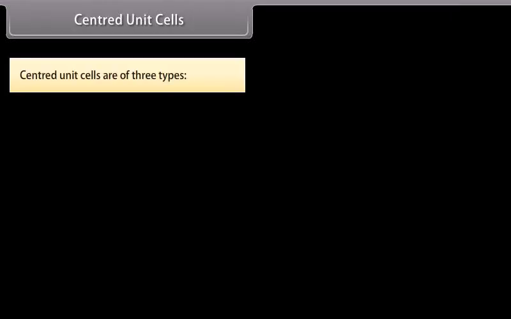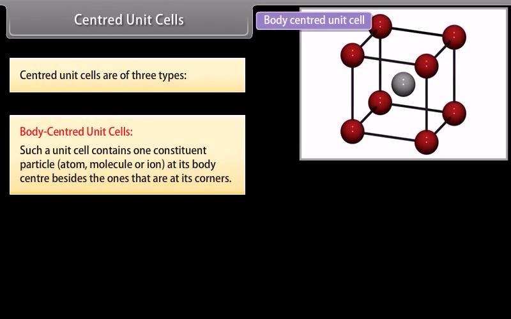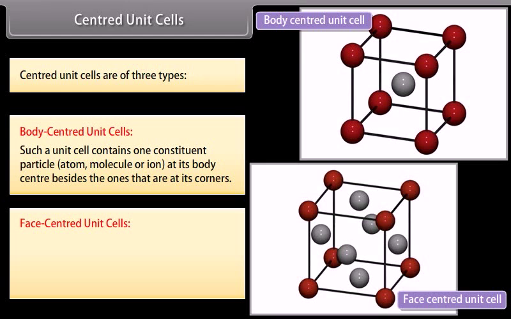Centered unit cells are of 3 types. 1. Body-centered unit cells. Such a unit cell contains 1 constituent particle, atom, molecule, or ion at its body center besides the ones that are at its corners. 2. Face-centered unit cells.